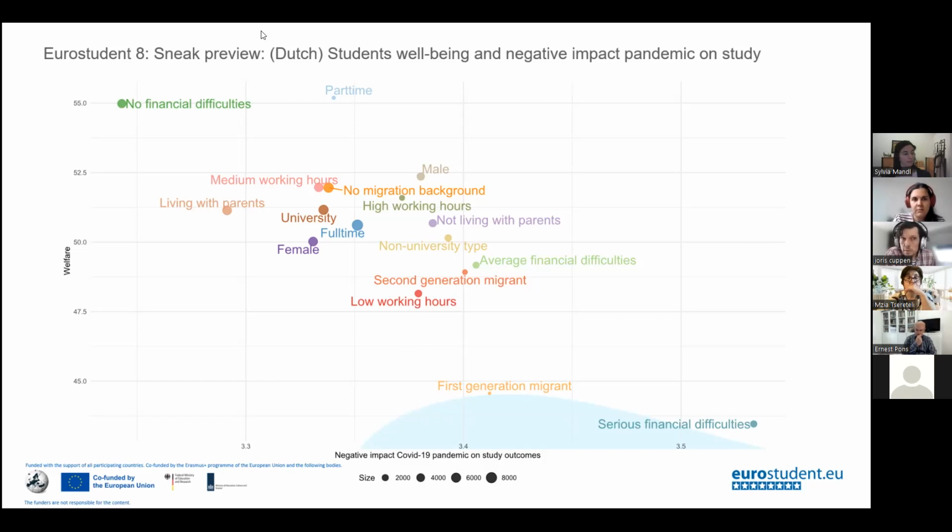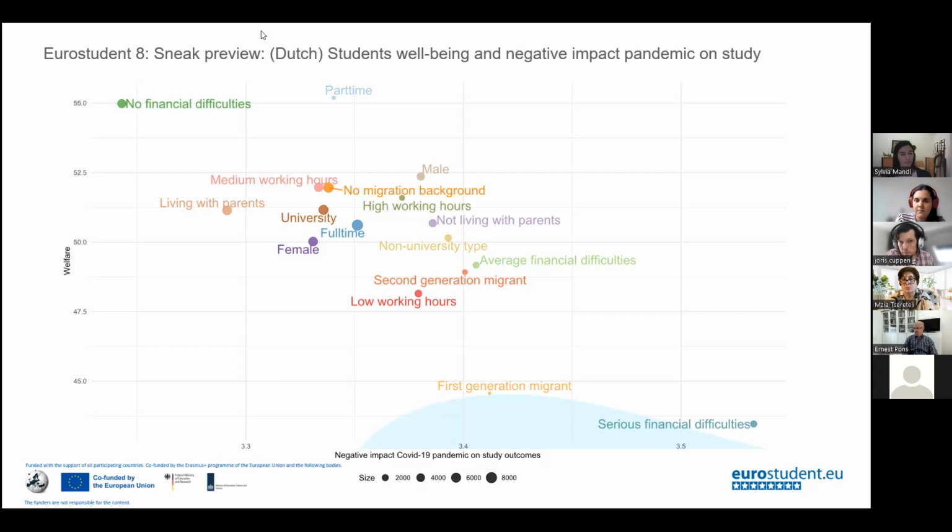So we see in the top left, students without financial difficulties report a better well-being, and they had the least negative impact of COVID-19 on their study outcomes. And on the opposite, on the bottom right, we see that students with more financial difficulties report more negative impact of the COVID-19 pandemic on their study outcomes, and also say they have a lesser well-being.